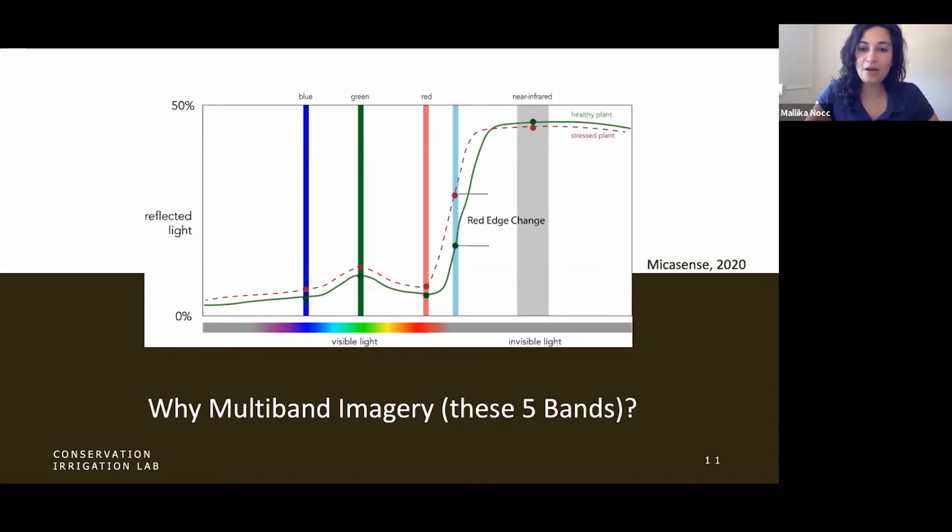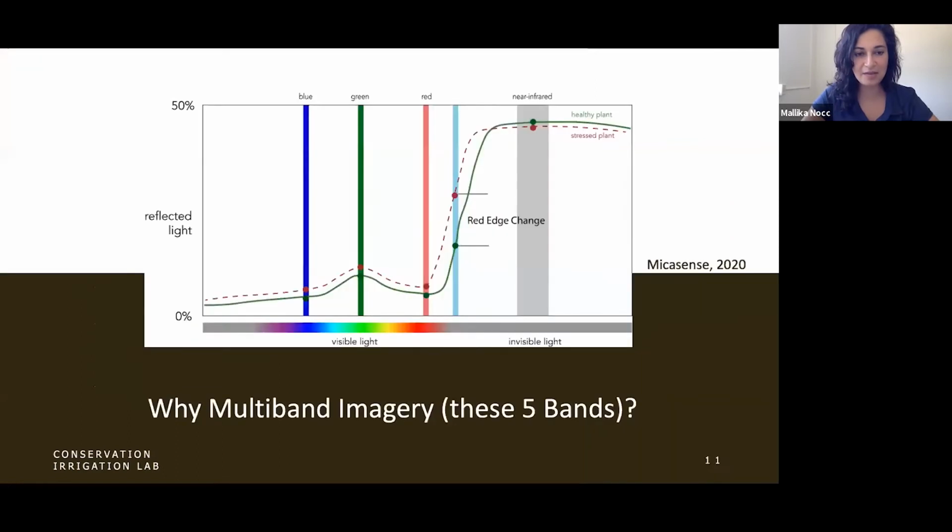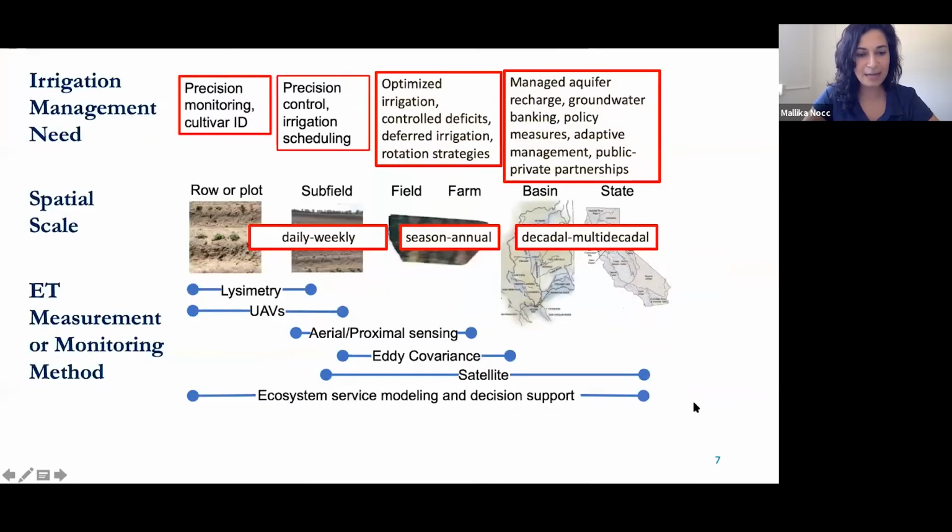And I think that a lot was explained in the previous presentation about how to use this type of imagery, so I'm not going to spend a ton of time on it. But I am going to go into, as I said, I want to share my story with you, which is getting back to this, I was using lysimetry to estimate evapotranspiration in an area in Wisconsin called the Wisconsin Sands region, where there's a large amount of irrigation.